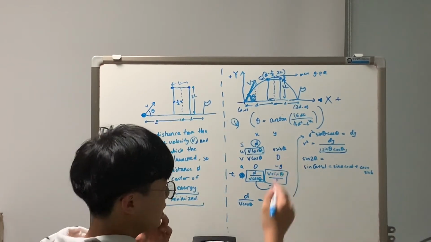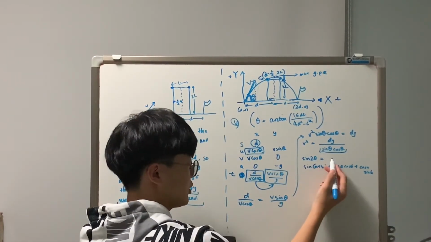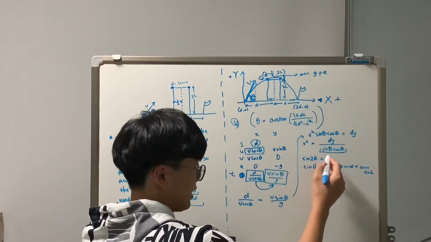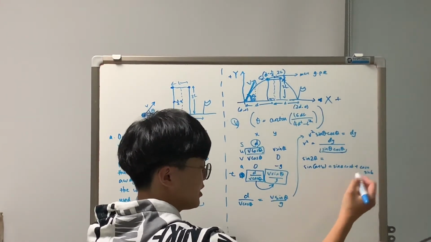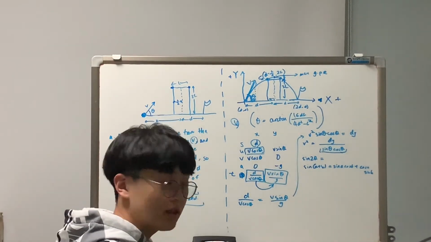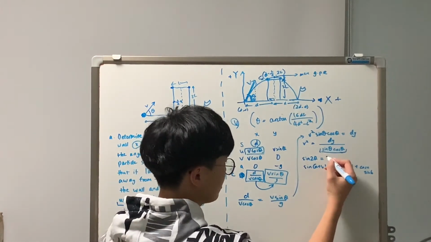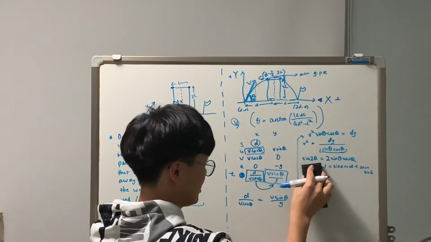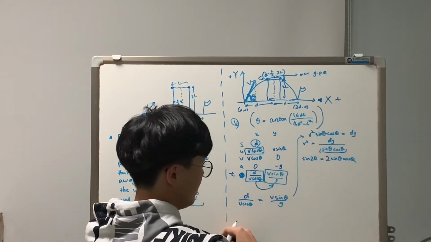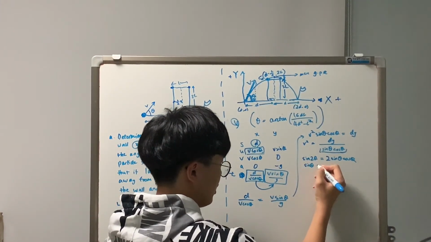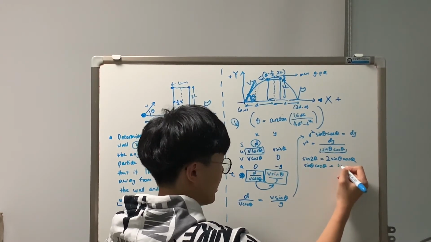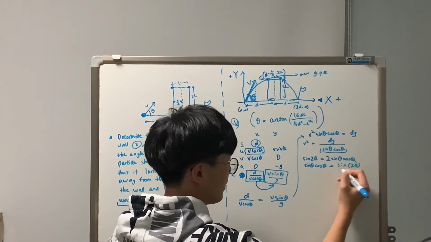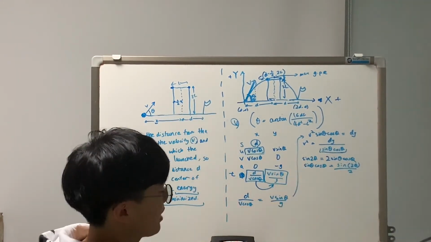We could do the same thing here and get sine theta cosine theta plus cosine theta sine theta, which is also sine theta cosine theta. And so we get here 2 sine theta cosine theta. We just erase this for now. And so sine theta cosine theta would be equal to sine of 2 theta over 2, multiplying both sides by 2.